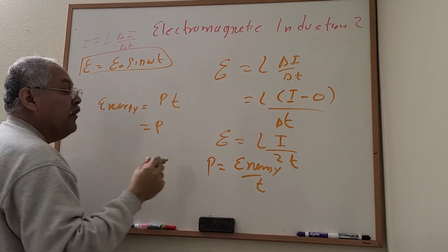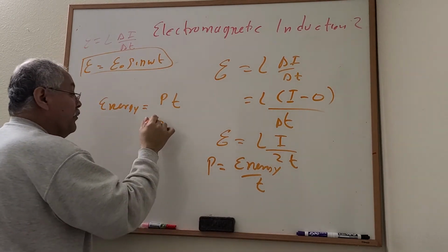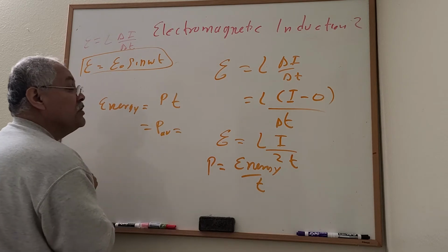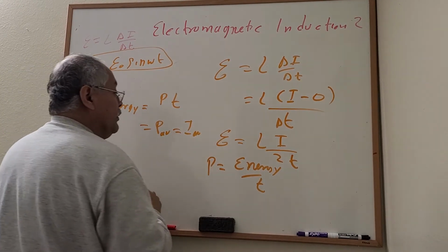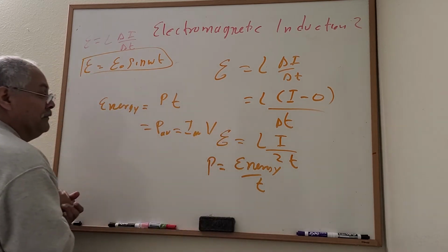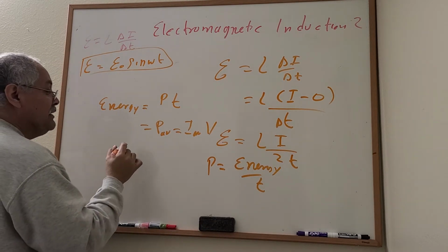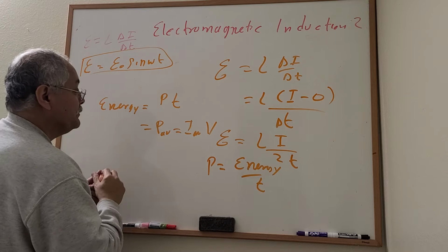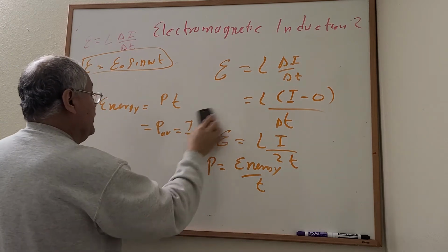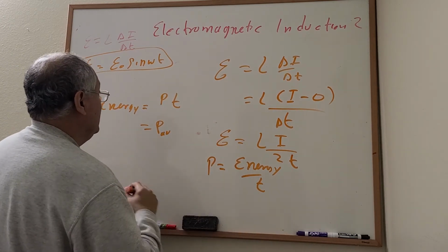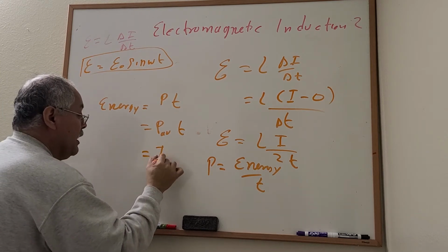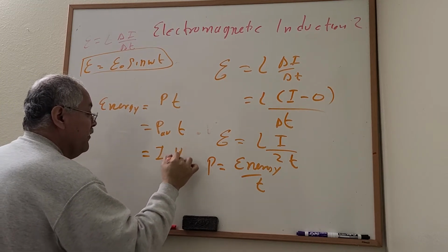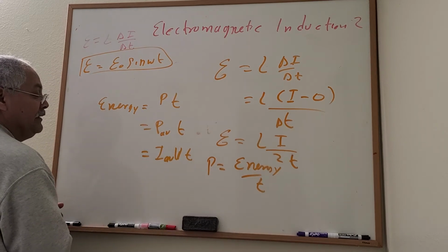Let's use the average power. Average power is equal to average current times voltage. The average is going to be average current times voltage times time, correct?